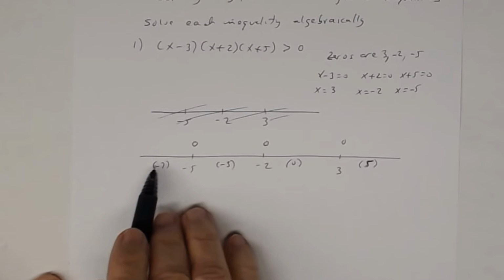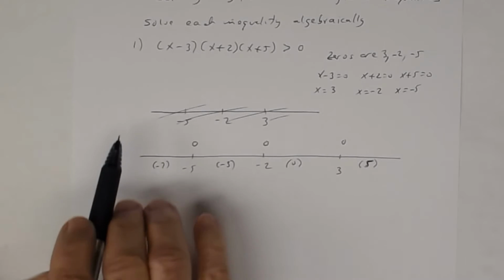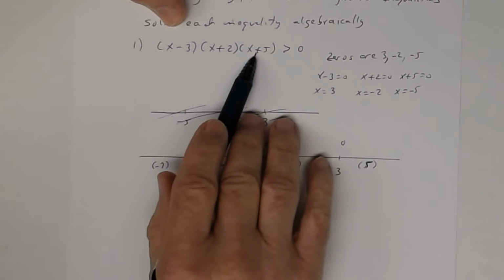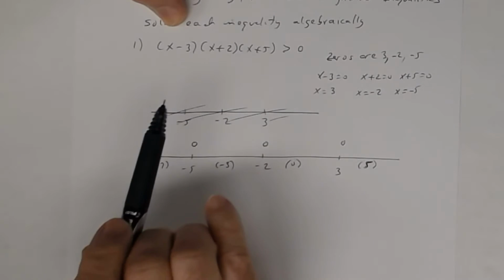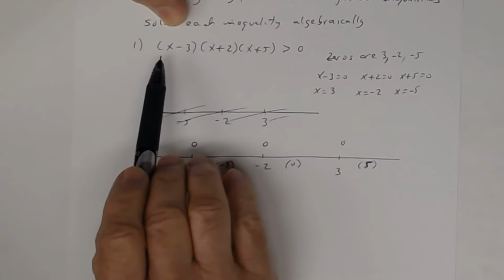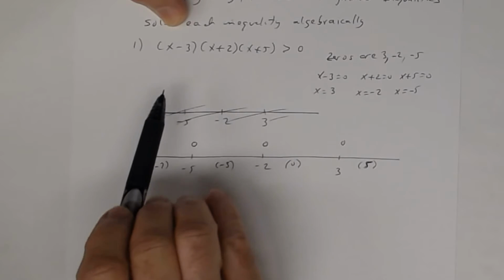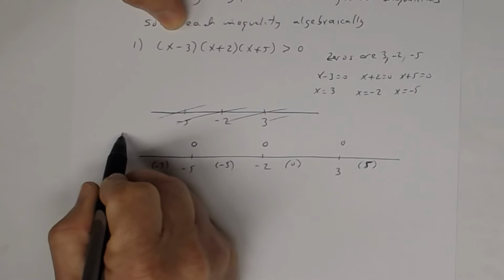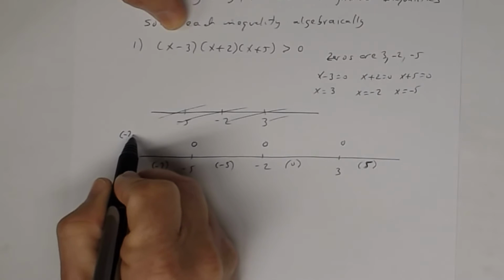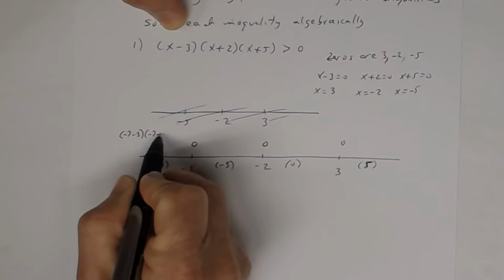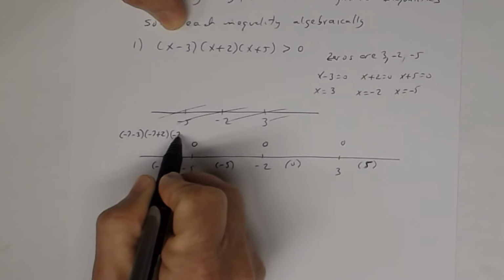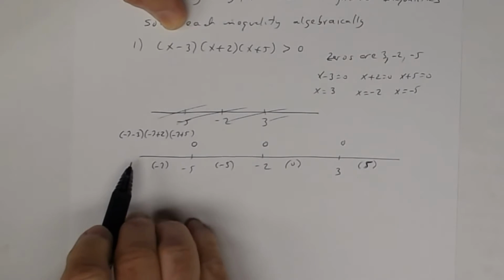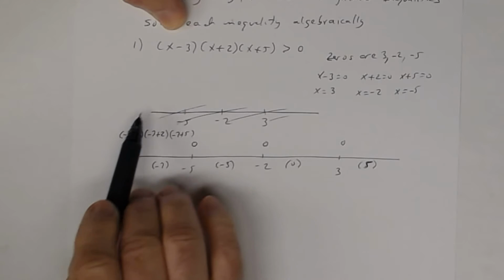All right, now let's pick a test point, -7. Wherever you see the variable x, you're going to substitute -7. In this case it's already factored, and it's always easiest to go to your factored part. So look, I'm going to write it out. -7 minus 3 times -7 plus 2 times -7 plus 5. So wherever we saw the variable x, let's substitute -7.